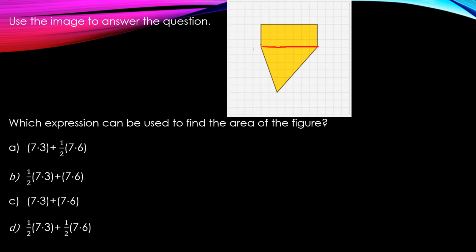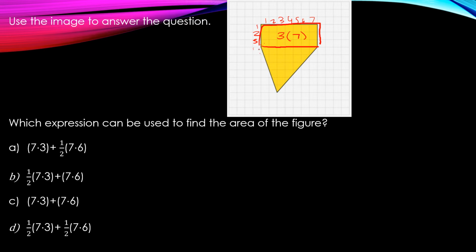So to figure out what I'm multiplying together for my rectangle, that is what I'm outlining in red here, I need to count. So this is 1, 2, 3 units along and 1, 2, 3, 4, 5, 6, 7 units wide. So to figure out this area, I would do 3 times 7 or 7 times 3.